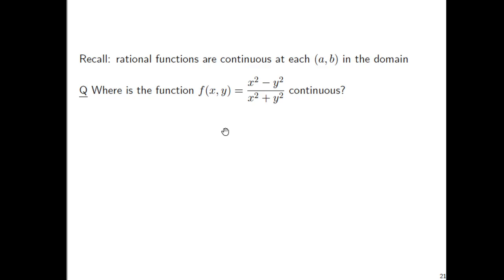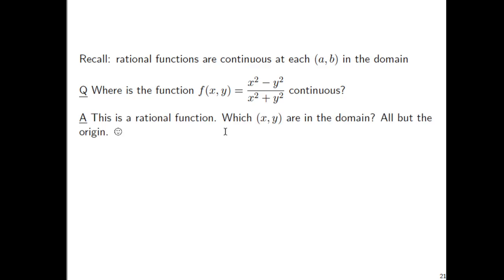And the denominator is x squared plus y squared. Keep in mind those are never going to be negative. The smallest value of x squared, if x is a real number, is 0. So if x squared and y squared are both 0, x and y would have to both be 0. So this is a rational function continuous everywhere except the one input which is not in the domain, and that one input that causes a problem is the origin. That's the point when x and y are both 0.